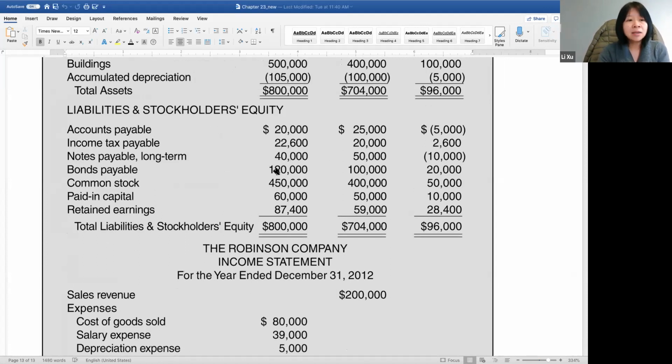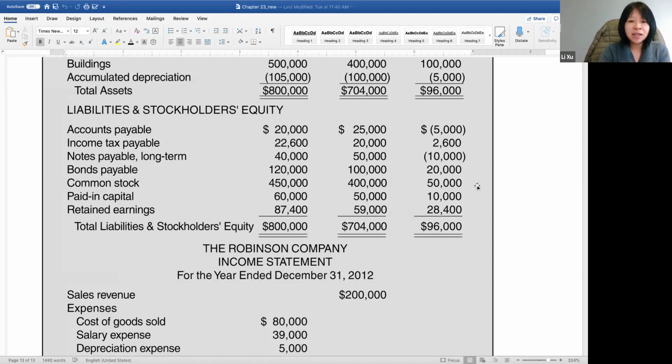Okay, bonds payable 20,000, but we don't need to consider this bonds payable. Why? Because we know it was issued in exchange for land, so there's no cash activity related to bonds payable. So next one, common stocks and paid-in capital.